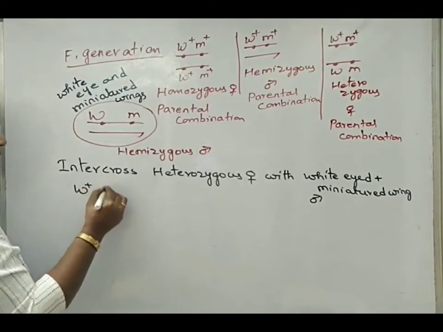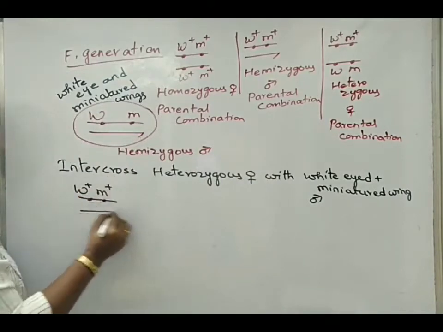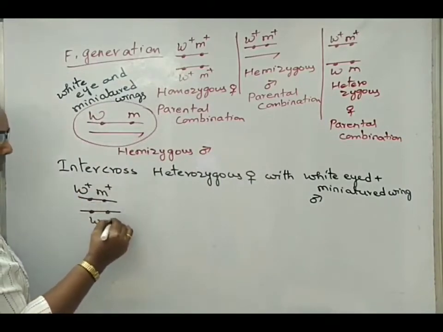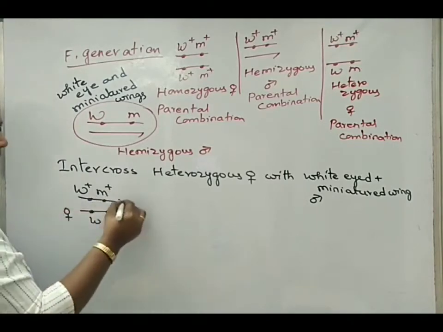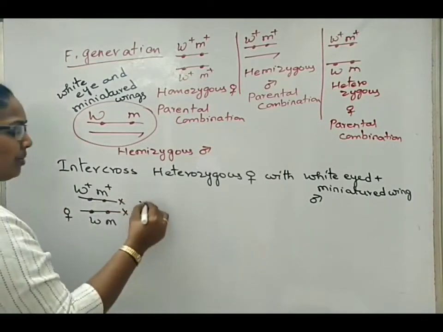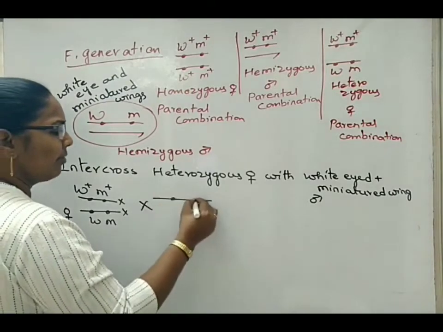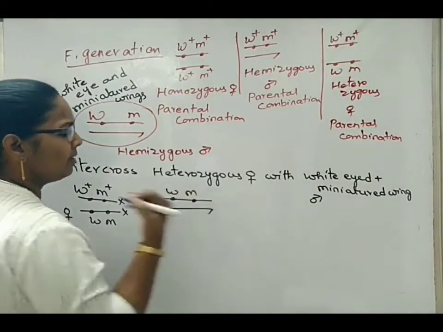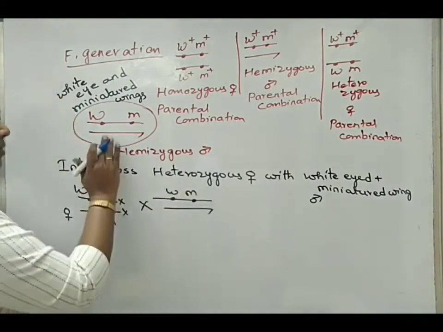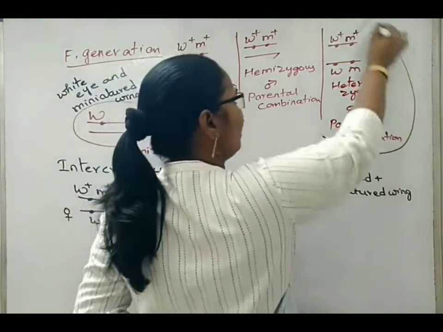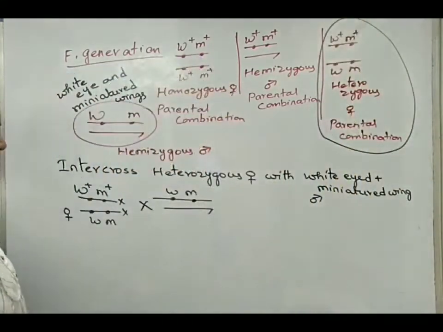So the allele distribution is going to be from, this is the female organism, this is the X chromosome and this is also the X chromosome. We are crossing with the white-eyed male offspring from the F1 generation. We are taking this and also we are taking this offspring and we are intercrossing.